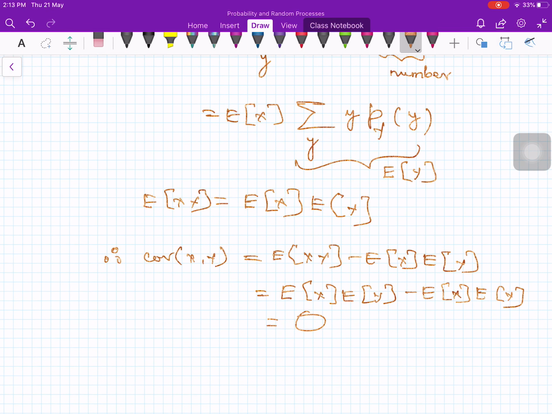So x and y are uncorrelated. The argument for the continuous case is similar; the same kind of argument you can extend for continuous random variables also. So the final point is that x and y are uncorrelated if covariance of x and y equals 0, which does not mean that x and y are independent. A non-zero value of x fixes the value of y to 0 in this particular example.